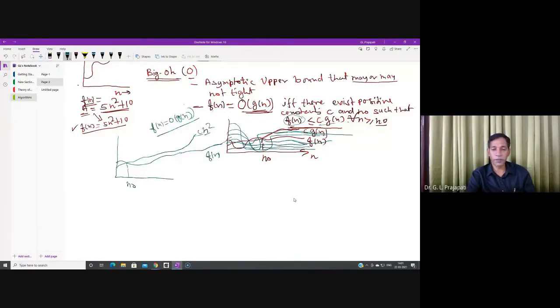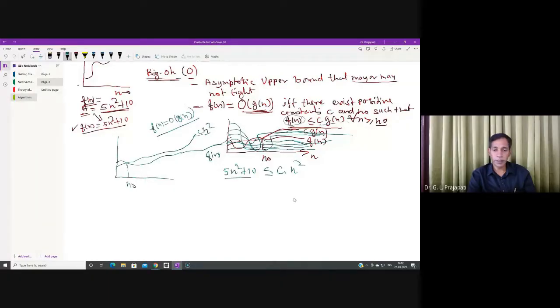Here g of n is what? N square. So here f of n is 5n square plus 10. If you say that f of n, meaning 5n square plus 10, is less than or equal to some c multiplied by n square, you need to determine some c for which this relationship holds.